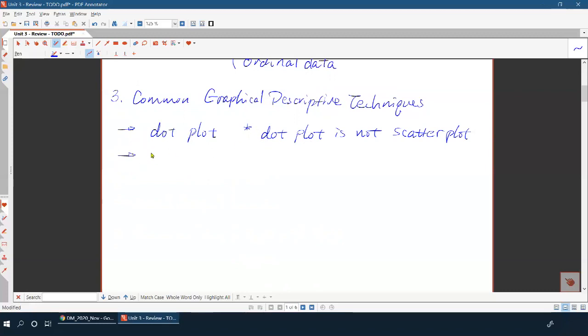Next, we studied the stem and leaf display. Okay, and bar chart, pie chart, as well as cross classification table.